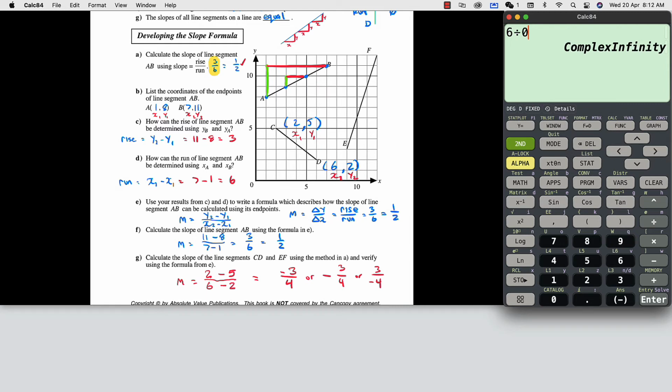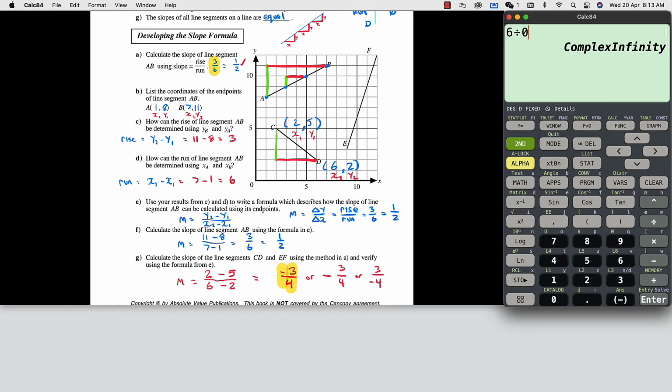So if we look at the first one, which is negative 3 over 4, and I was to go from point C, it says to go down 3, and then go to the right 4, and that gets me to that point.